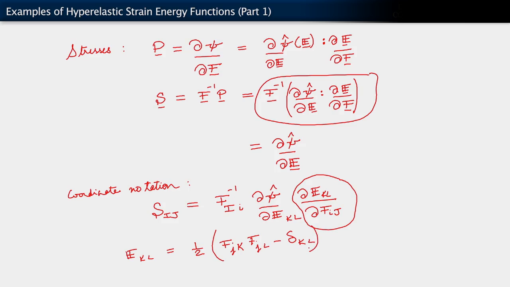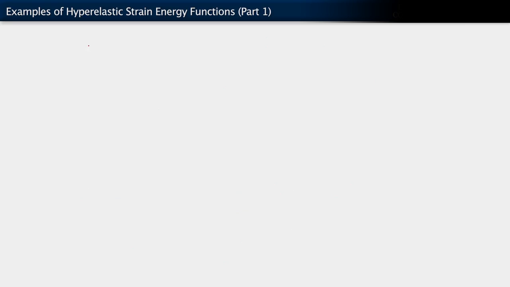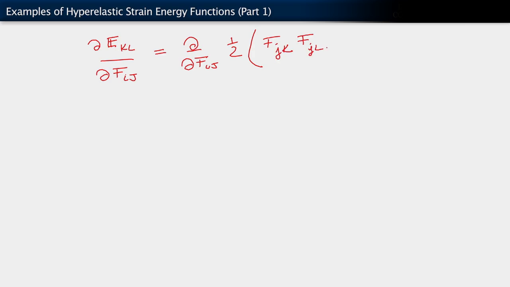Okay? All right, so we will now go ahead and do that derivative. Okay, so with that we see that the derivative of E_KL with respect to F_iJ equals the derivative with respect to F_iJ of one half of F_jK F_jL minus delta_KL.